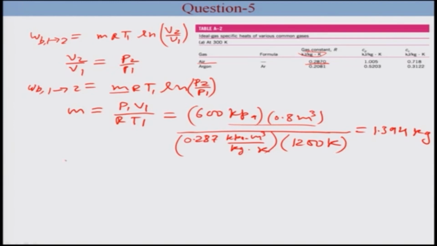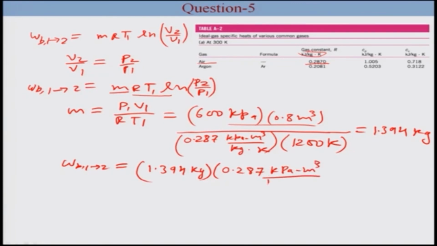So total work will be 1.394 kilogram into R, 0.287 kilopascal meter cube per kg Kelvin, and initial temperature is 1200 Kelvin, into ln of P2 by P1.